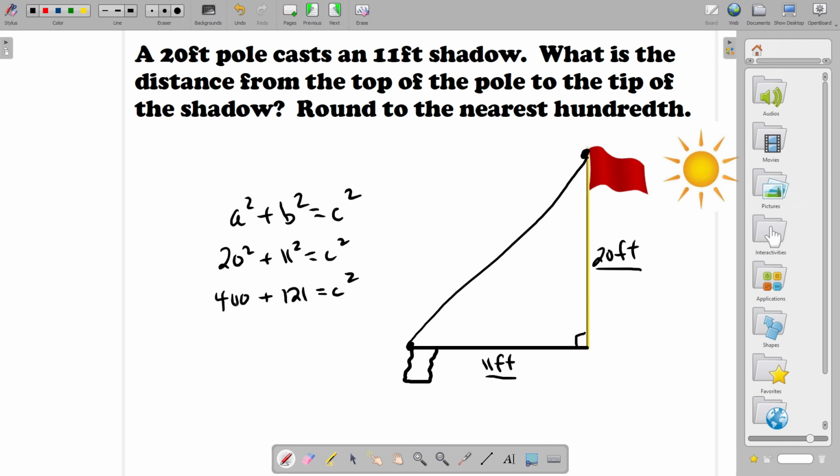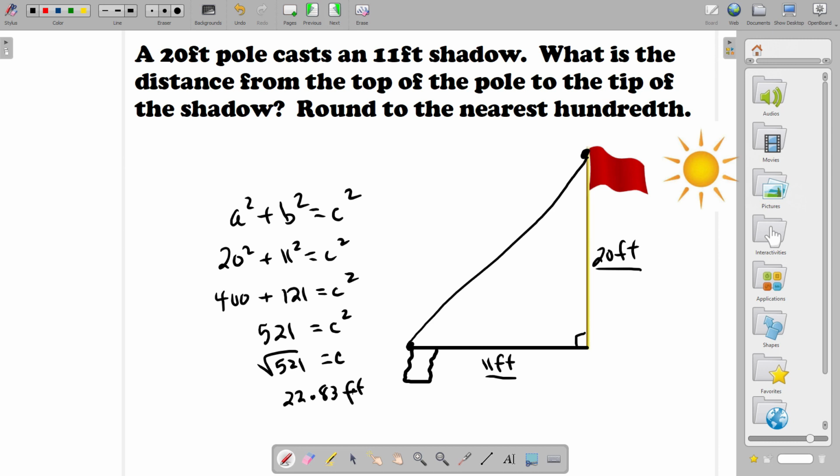When we add 400 and 121, we get 521. 521 is not a perfect square, so we need to punch that in our calculator because we need to take the square root of 521, and the square root of 521 comes out to be 22.83, and in this case, feet.